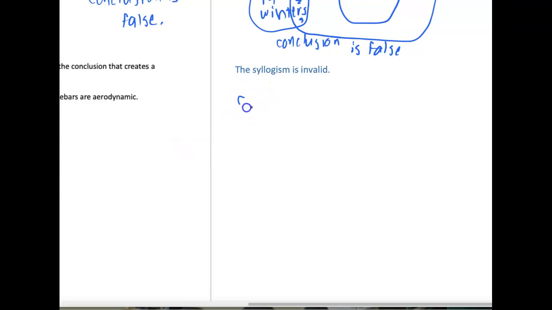Okay, so C. The garbage truck comes on all Mondays. So let's start by considering all of your Mondays. So this circle here represents all Mondays. And on every Monday, the garbage truck comes.